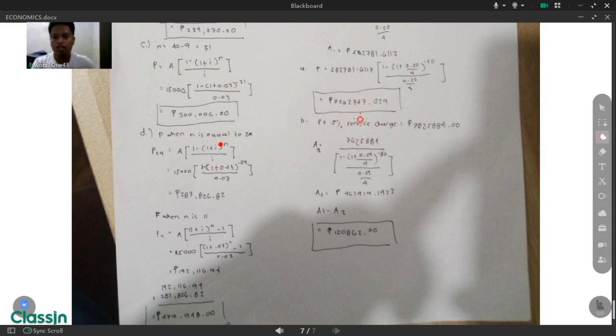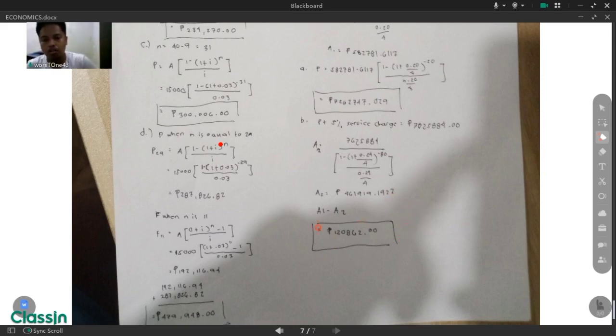Since we're finding the difference, for the quarterly payment for letter A and the payment for the 24% loan for 20 years compounded quarterly, A1 minus A2: 582,781.6117 minus 461,919.1922.